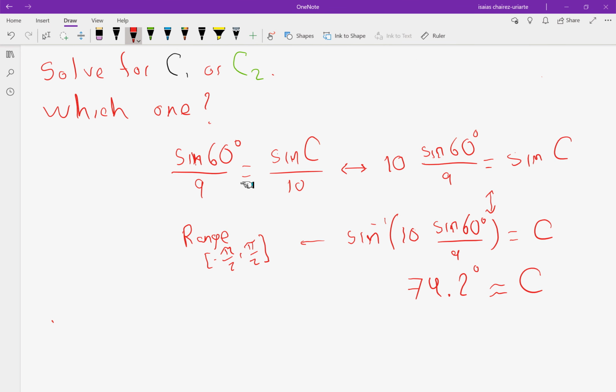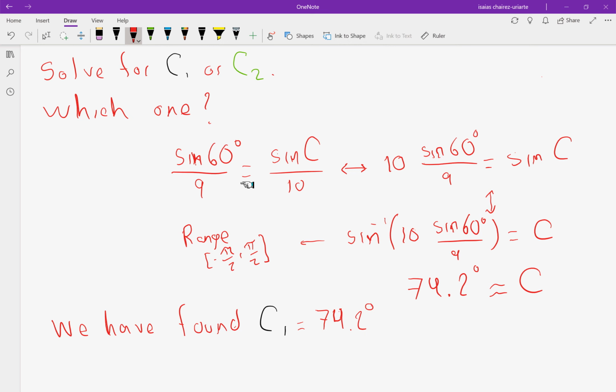So let's say that we found C1, which we're denoting in black. And C1 we said is about 74.2 degrees.